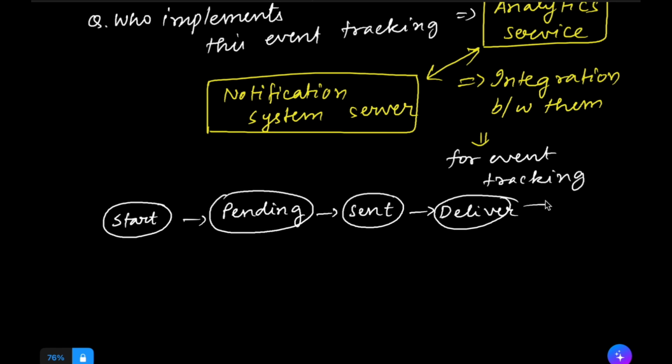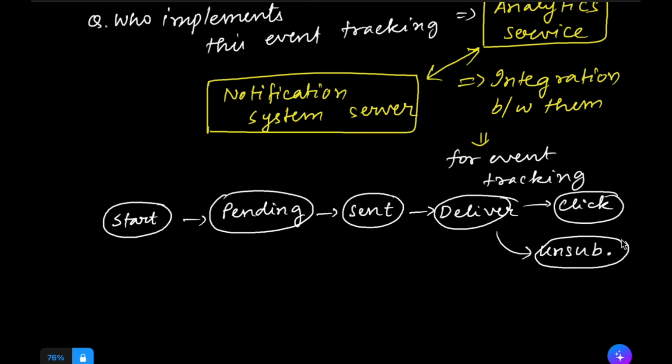And from here we can check the metrics like click rate or whether the user has unsubscribed or not on receiving the notification, and if there are any errors in this state or not.